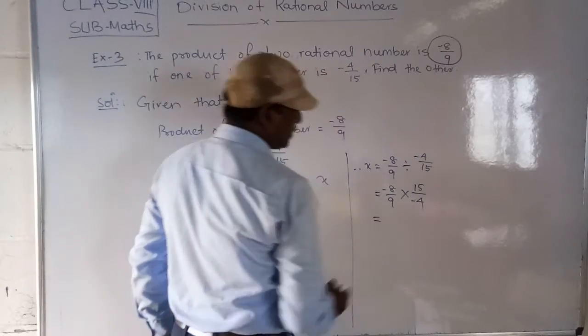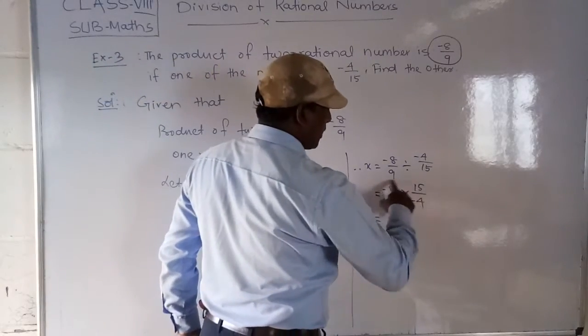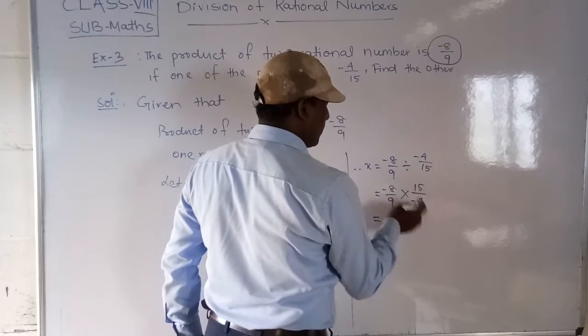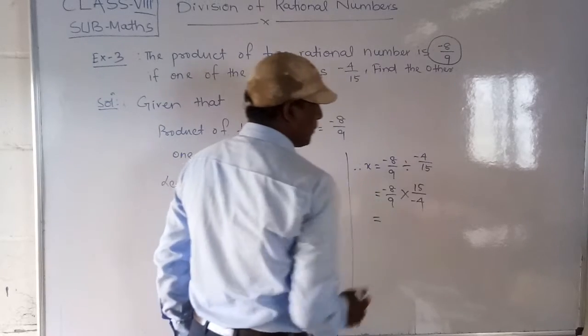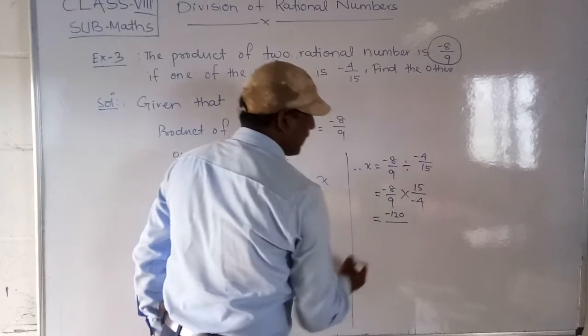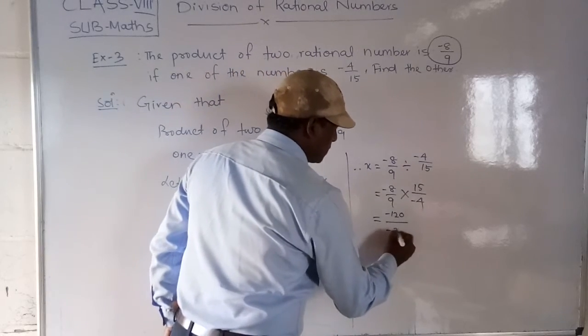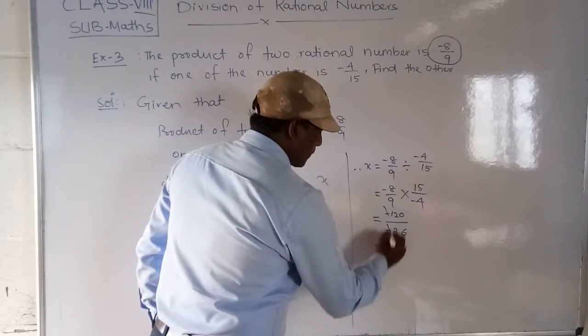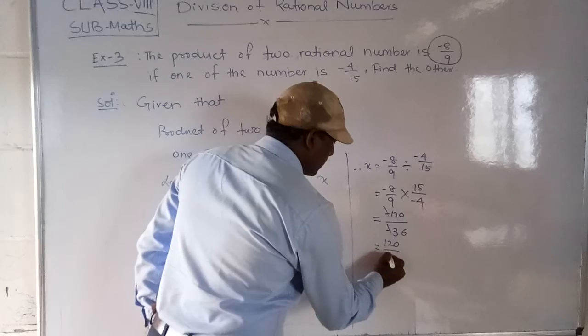Now observe friends, multiply directly first, then do the simplification. Minus 8 into 15, 8 fifteens are 120, by 9 into 4, minus 36. Okay, so minus and minus cancel, 120 by 36.